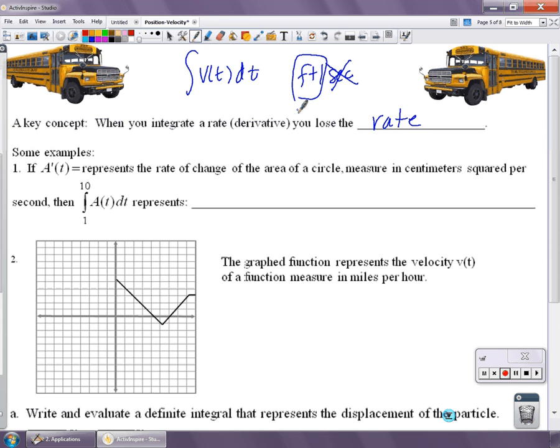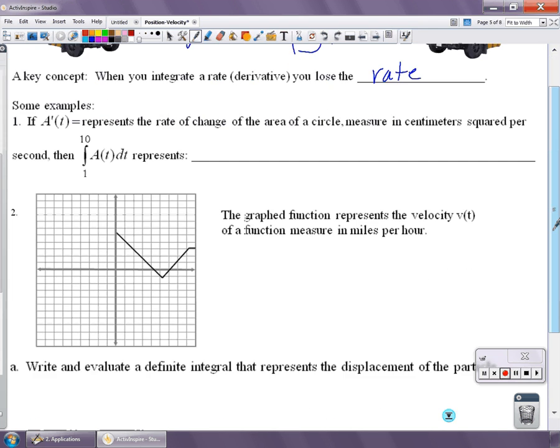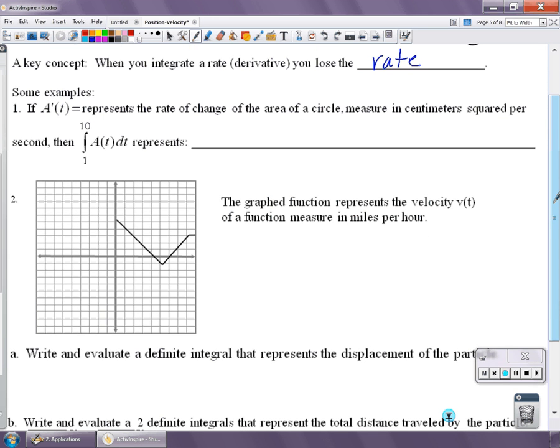Some examples. If A prime of t represents the rate of change of the area of a circle measured in centimeters squared per second, then if I accumulate, put a prime there on your paper if you don't, if I'm accumulating the area under A prime of t, what am I actually finding here? Well, let's go back.